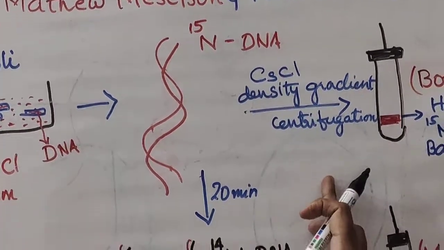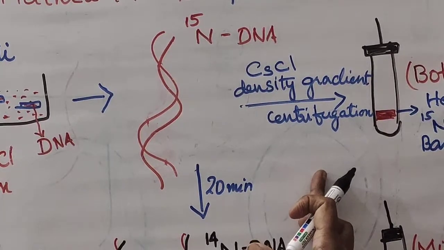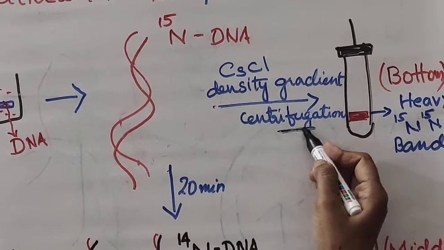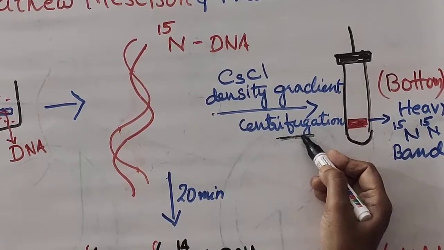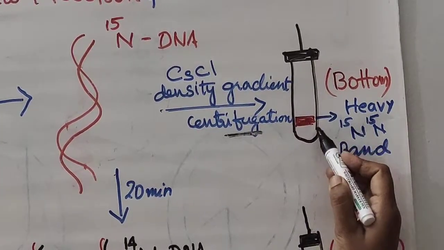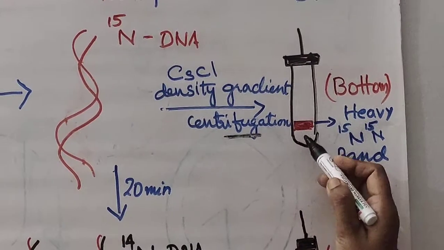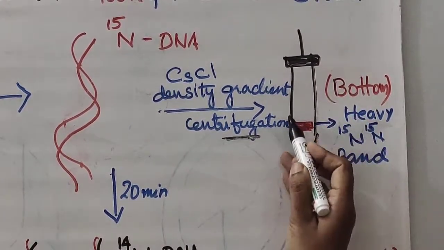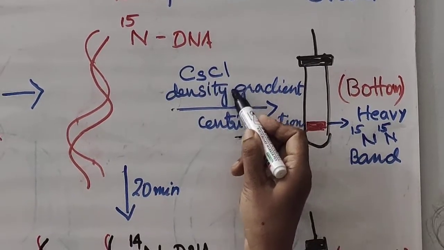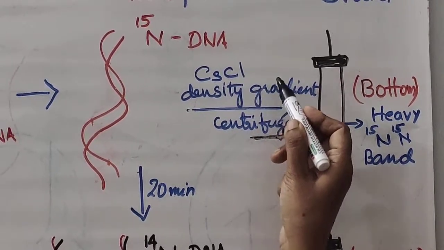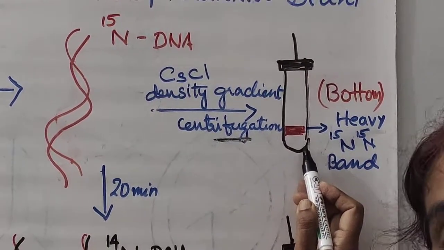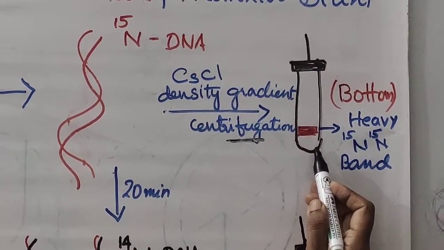In the next step, they selected the density gradient centrifugation method. In this method, they can isolate the DNA present in bands. In the centrifuge tube, they take a medium with cesium chloride. Cesium chloride is very convenient for separating DNA based on size, shape and density.